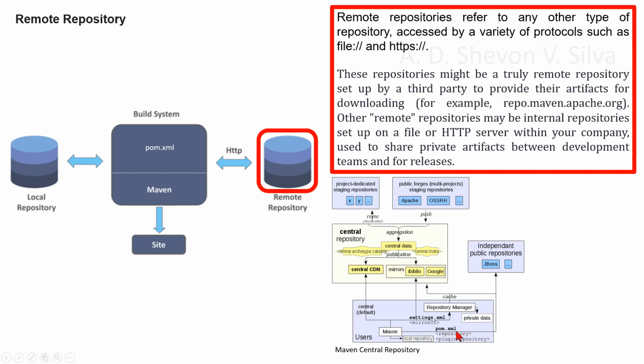The POM file is passed from Maven to independent public repositories. And this is the repository and plugin repositories, and independent public repositories include JBoss and others.